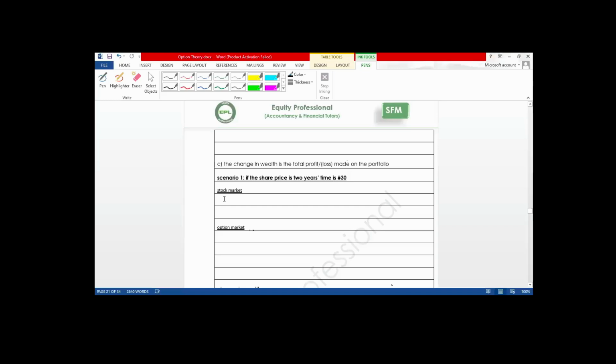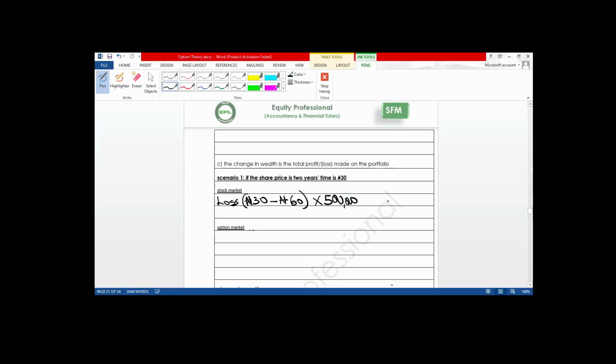Look at it, please. Loss at the stock market. The share price is now 30 naira, what used to be 60 naira. Multiplied by number of shares, 500,000.